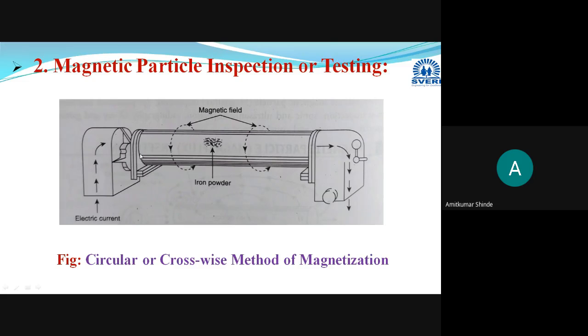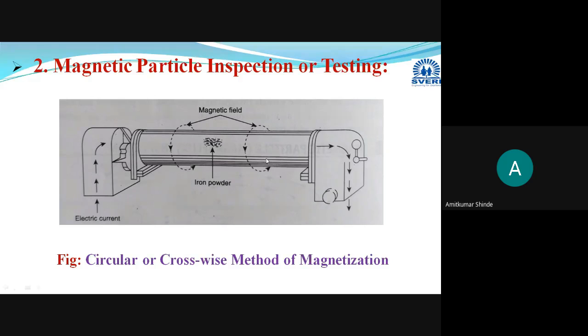How is this crosswise or circular magnetic field created? Electric current is passed lengthwise. This direction will be termed as the lengthwise direction of the specimen, and this will be termed as the circular or crosswise direction.